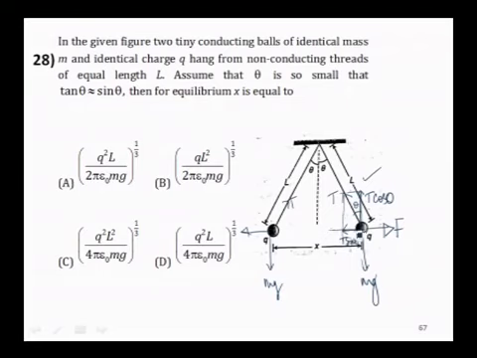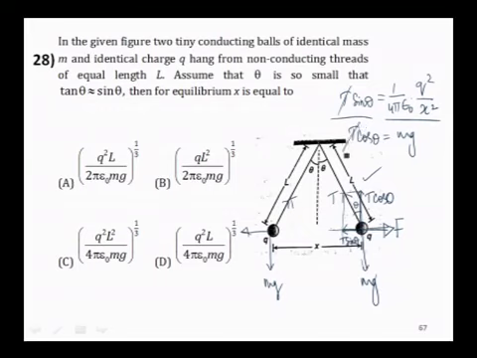This is balancing weight, this is balancing F. So, T sin theta is balancing the force between them, which is 1 over 4 pi epsilon naught, product of the charges divided by distance square, and T cos theta is balancing mg. If you divide, T gets cancelled, and you are left with tan theta equal to 1 over 4 pi epsilon naught, q square by x square, and mg is also present here.